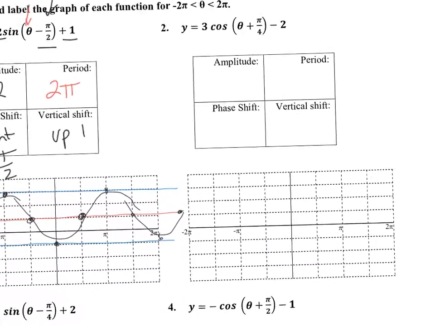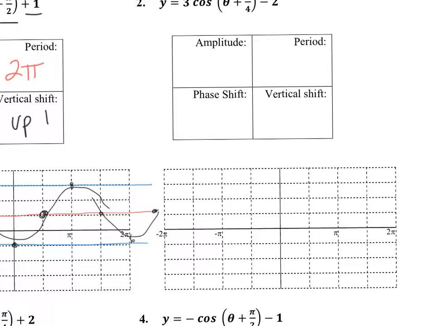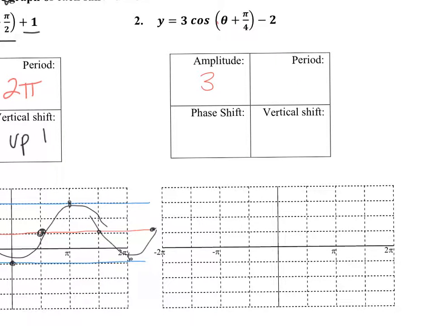And then number 2, my amplitude is 3, and the period is still going to be 2 pi, oops, misspoke. The phase shift is going to go left pi over 4, and the vertical shift, you're going to move it down 2.